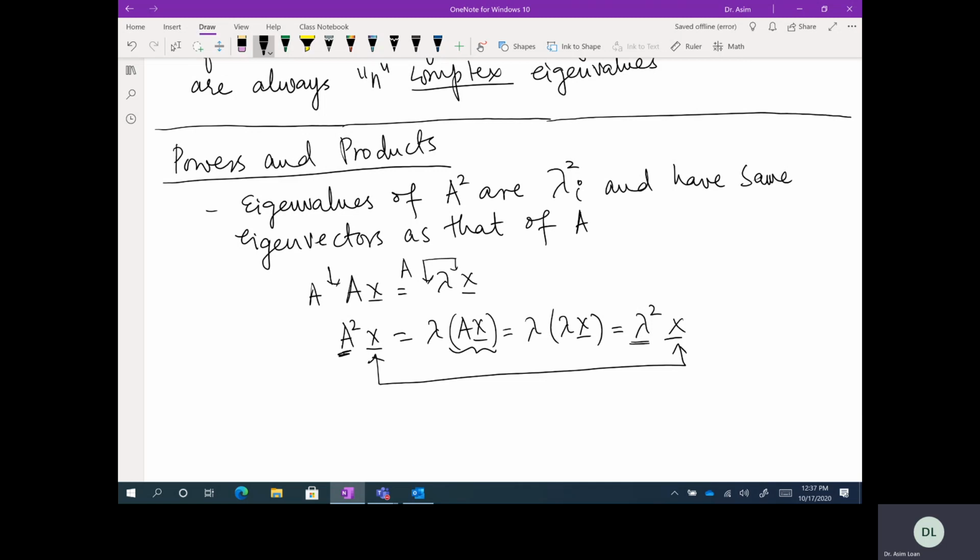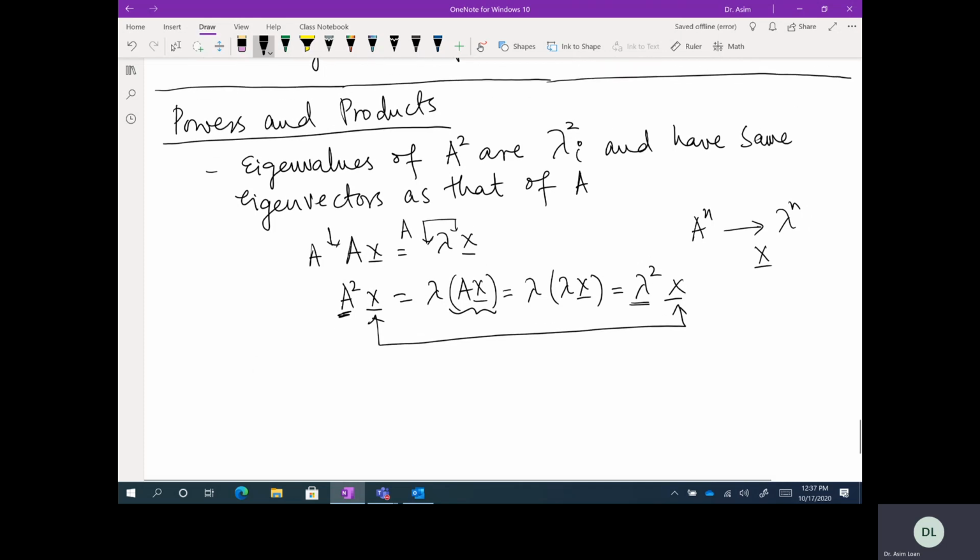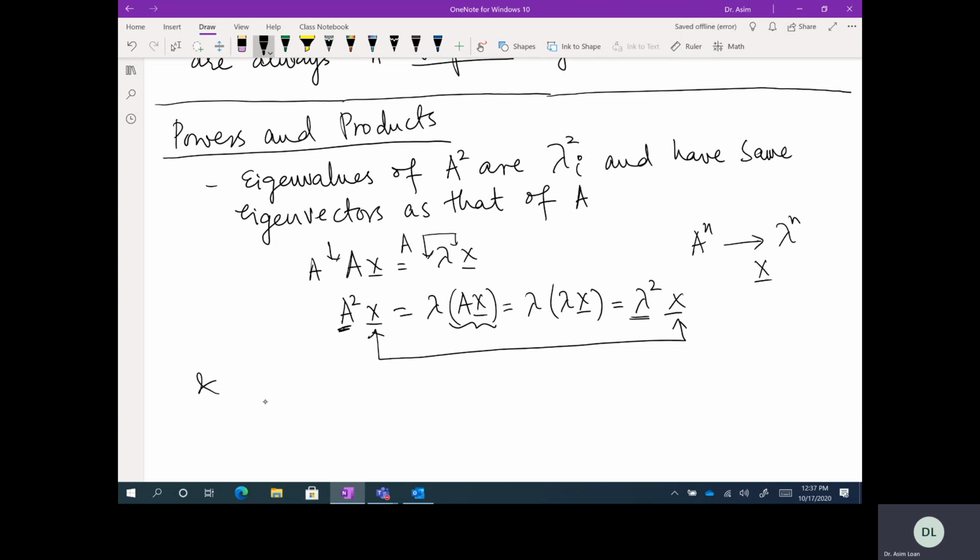So obviously the eigenvalues of A square are lambda square. We can always generalize this to A^n. So A^n will have eigenvalues lambda^n, and the corresponding eigenvectors would be x, right? Let's generalize this using S and lambda. If A is diagonalizable, lambda is equal to S inverse AS.